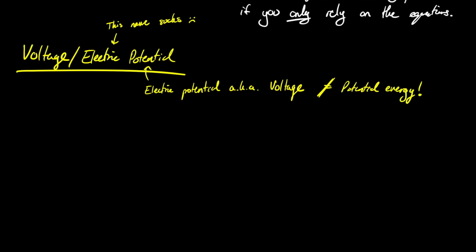And this is a very sad naming convention, because the only mistake is you might forget a minus sign and then you get the whole problem wrong. So throughout this, I'm going to use the phrase voltage. You will hear people say electric potential or sometimes even just potential, which is even more confusing. Always be sure whether you're talking about potential energy or voltage when you're dealing with ambiguous terms. It will save you. So I'm going to use voltage throughout this.